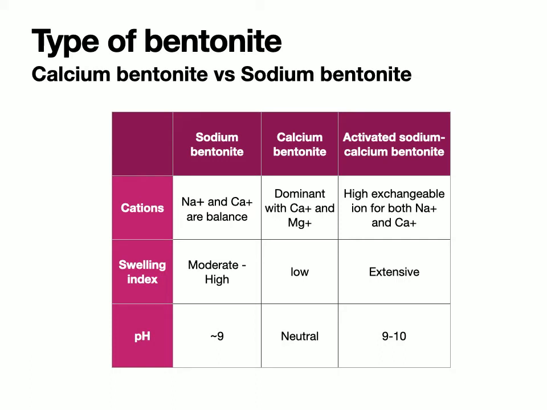Then the third type is the activated sodium calcium bentonite. It means activating the calcium to reach a similar or higher swelling index, with high exchangeable ions for sodium and calcium, and a high pH between 9 and 10.